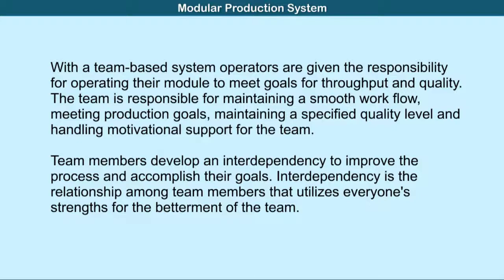Team members develop an interdependency to improve the process and accomplish their goal.